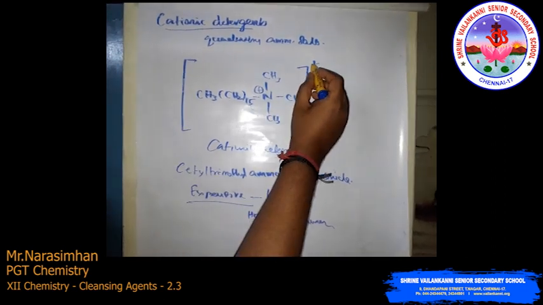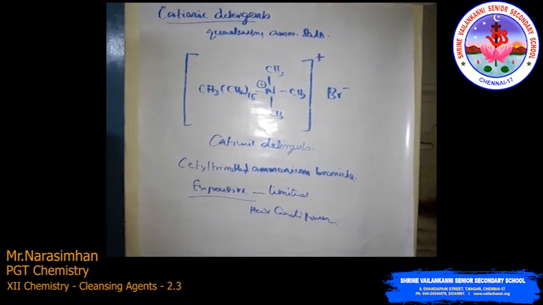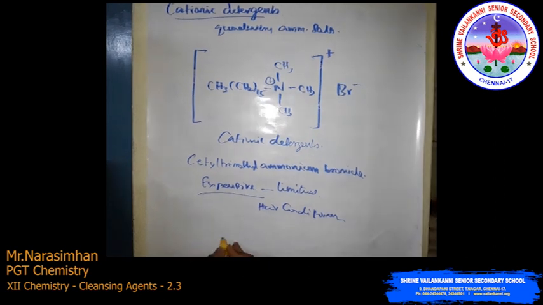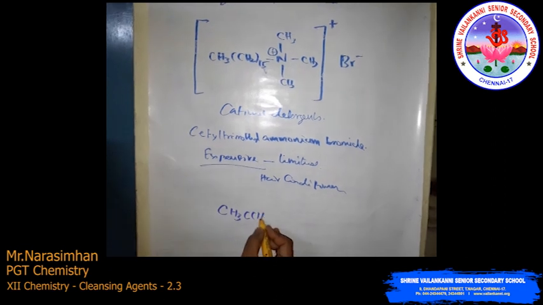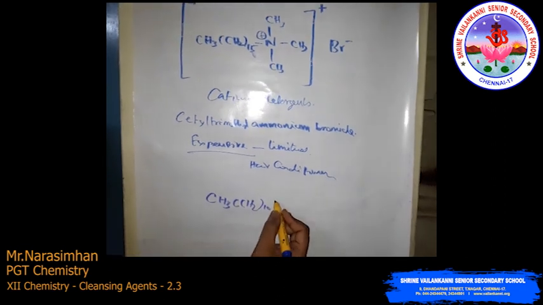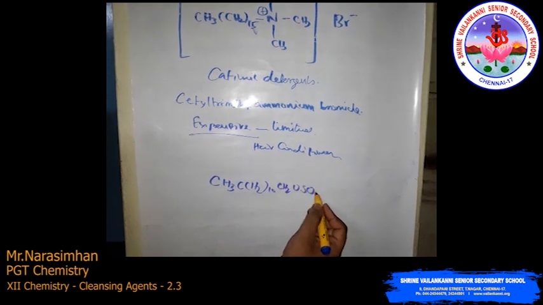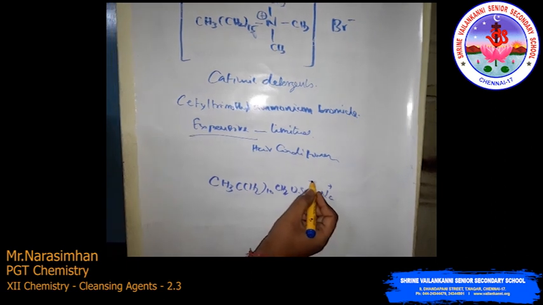See, sodium lauryl sulfate is an anionic detergent: CH3 (CH2)10 CH2O SO3 Na plus. See, this is the negative part.